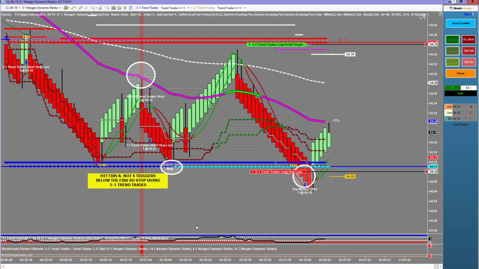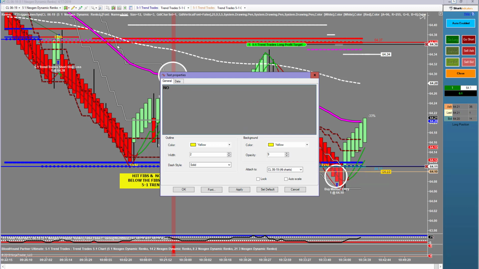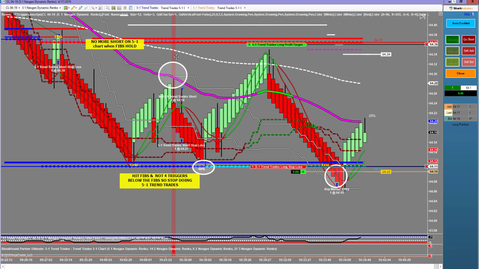So let's recap. No more shorts on the 5-1 chart when fibs hold on the other charts, which is pretty graphic. You can see it here. Because you're going to end up losing that trade probably 75% of the time.